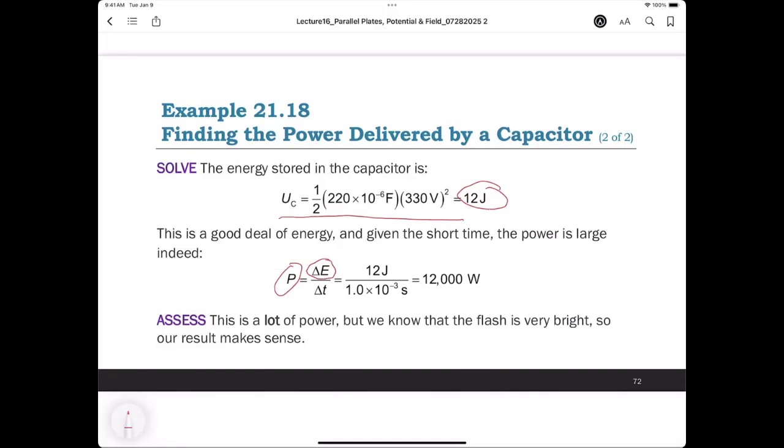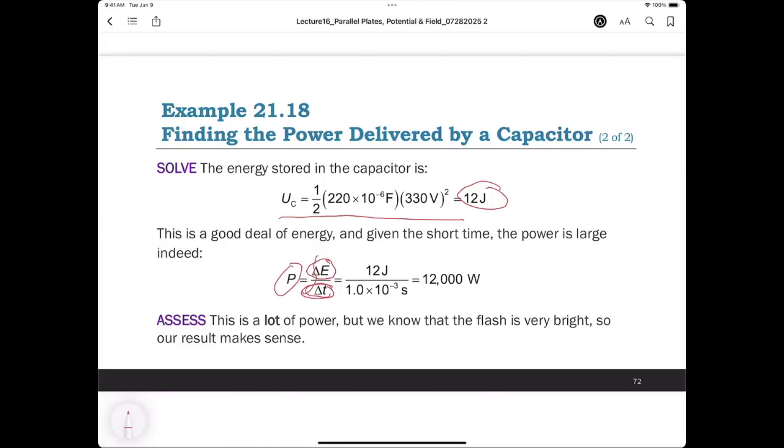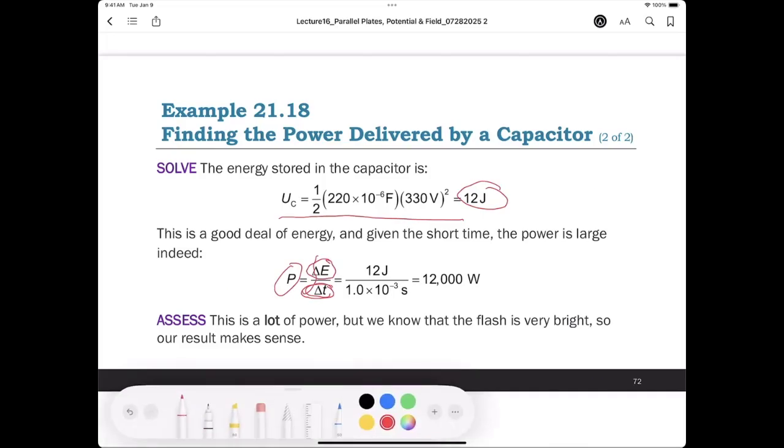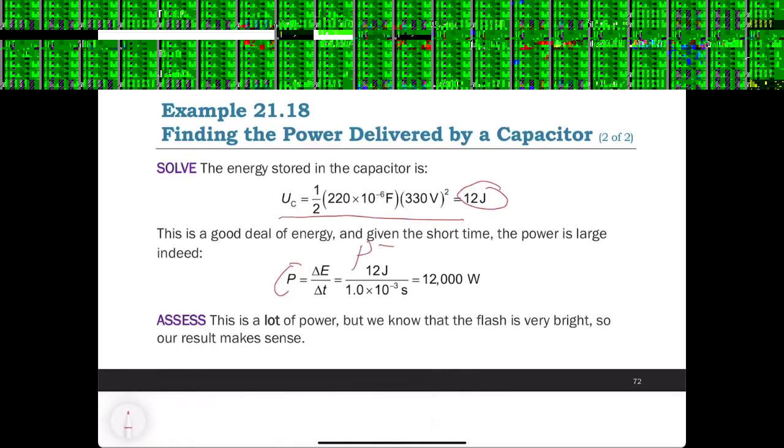The power equals what? There is a little mistake on this slide. The power is just the energy stored in a short time.